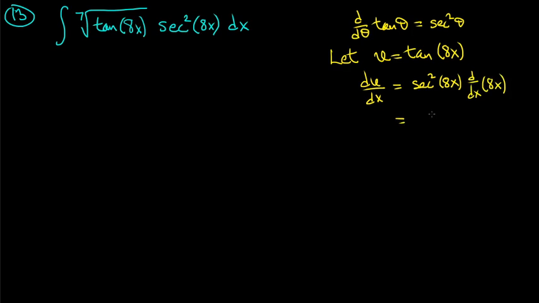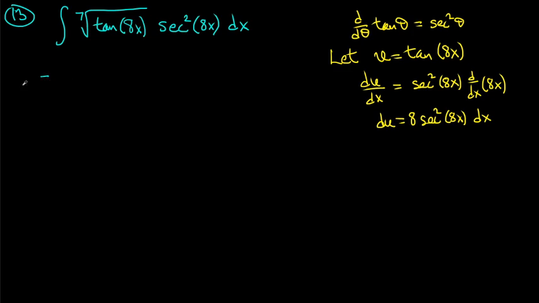So this is secant squared of 8x times 8, although it would be more helpful to bring the 8 in front as the coefficient. So that's my derivative of u. Now, if I multiply by dx, I get that du is 8 times secant squared of 8x dx.